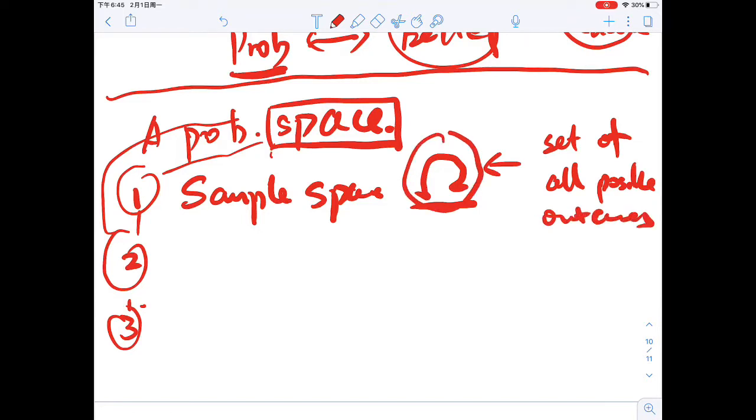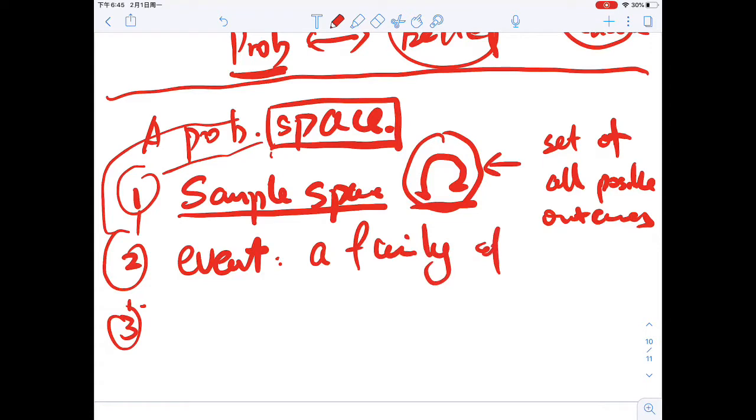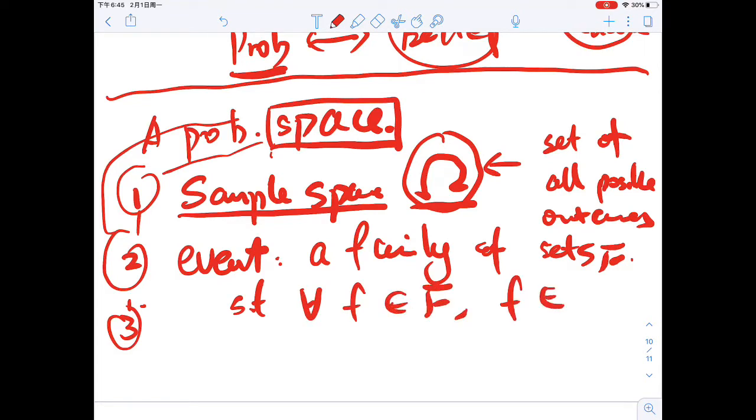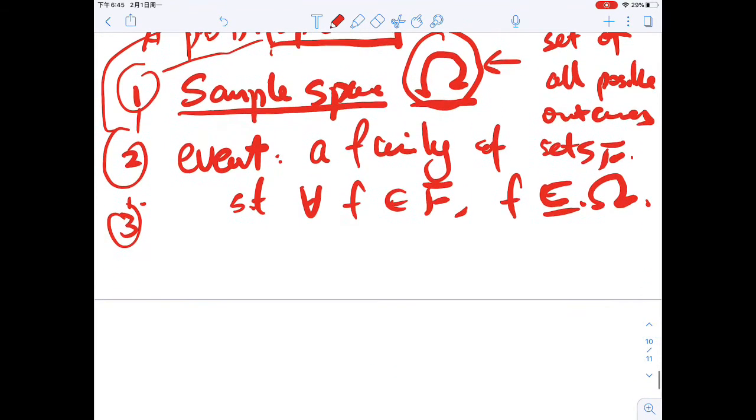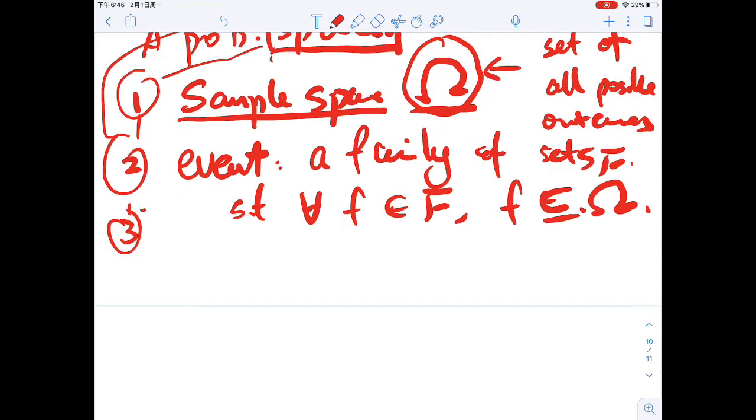So let me just finish out the entire definition and give you an example. This is the sample space, and after the sample space, we talk about the event. When we write that rigorously, an event is called a family of sets F, such that any set inside F is a subset of the sample space.